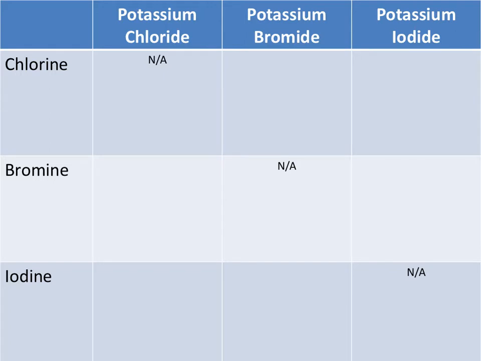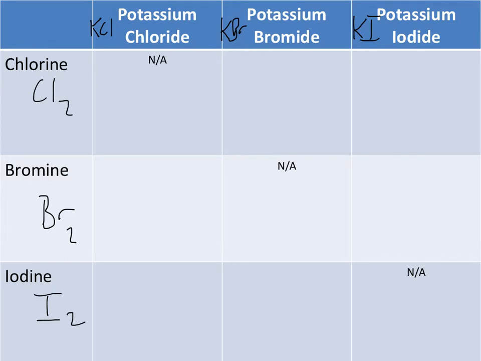On the left hand side of the table we've got the halogens, Cl2, Br2 and I2, and then we've got compounds containing those substances. We've got potassium chloride, KCl, potassium bromide, and then potassium iodide. This would work equally well with sodium chloride, sodium bromide and sodium iodide.